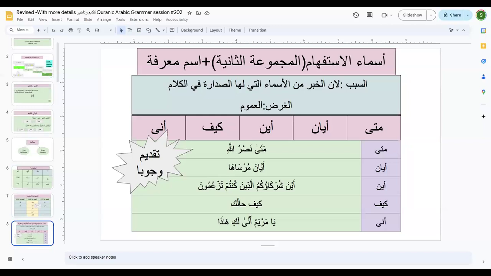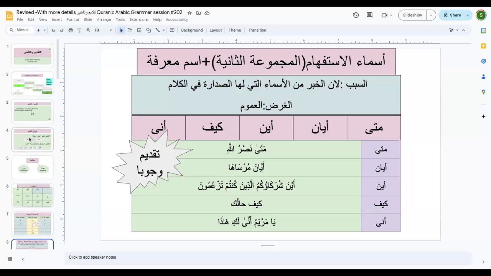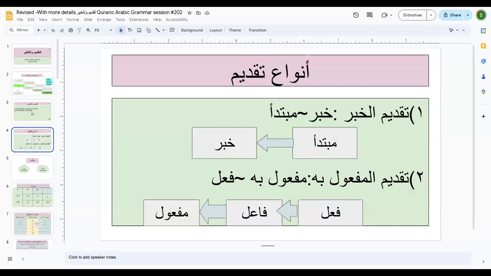Let me now go back and show you what we are going to cover today. When we started to learn about anwa'u taqdeem, we learned about taqdeemul khabar, which is seen in jumla ismiya. We have two types of sentences, jumlatul ismiya and jumlatul failya. In jumlatul failya, we learn taqdeem of maf'ul bihi over fail.